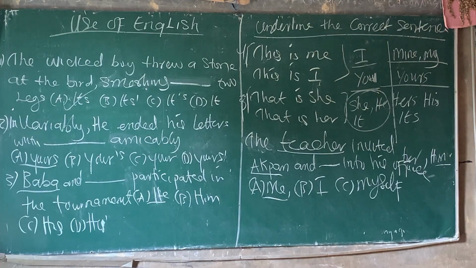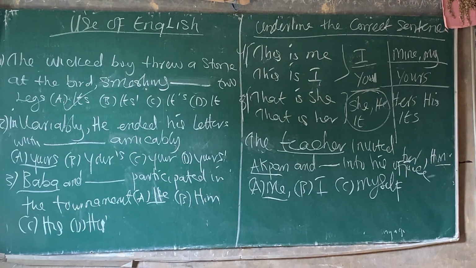When you have the first person singular for a reflexive pronoun, it should be myself. Okay? But if it's a possessive pronoun, it should be my. And possessive pronoun does not attract an apostrophe.